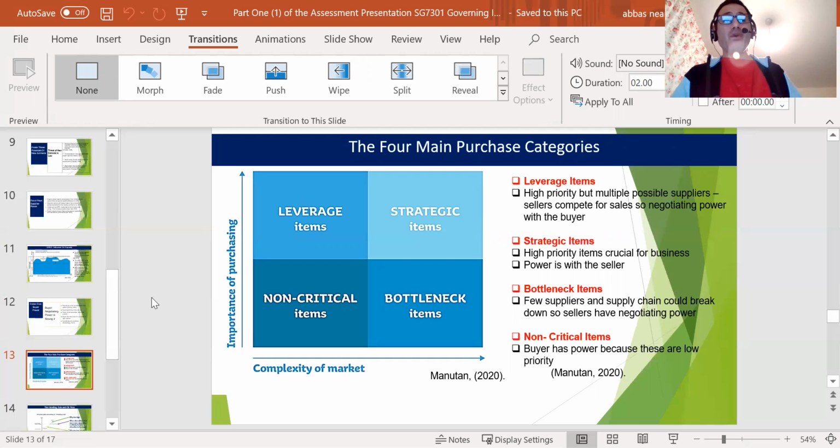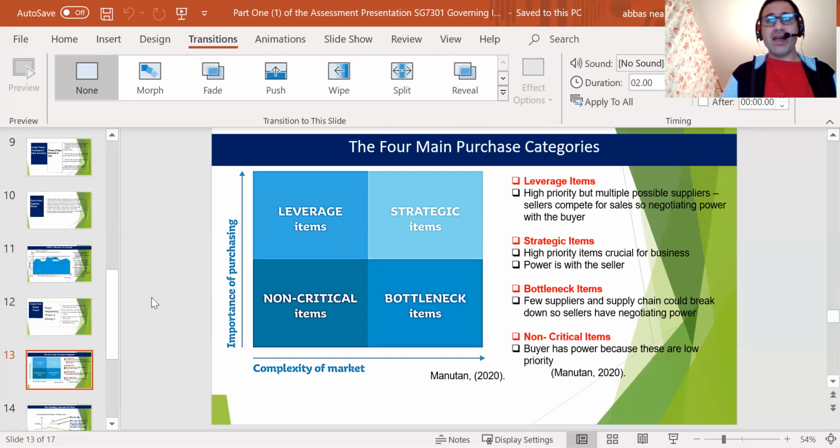Sellers have more power here. Strategic items are high-stake purchases. This could be getting a guaranteed supply of petroleum at a competitive price, and also depends on good supplier relationships. Again, the power is with the seller.